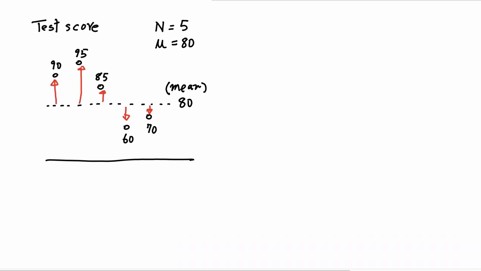We're interested in how far or close the data points are from the mean. So I'm going to start by measuring the distance from the mean. The first student had the score of 90. The distance from the mean is 90 minus 80, which is 10.